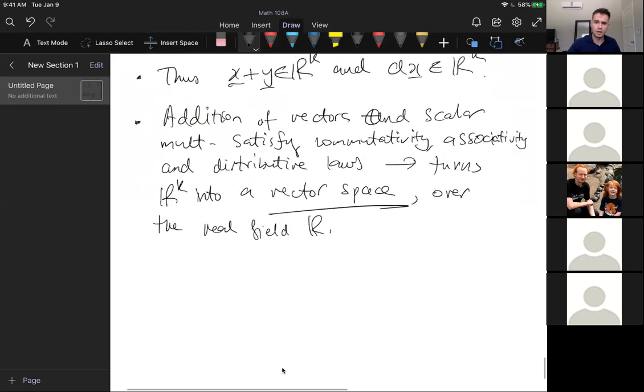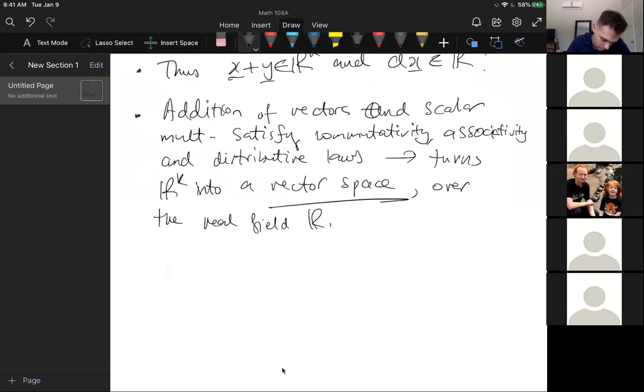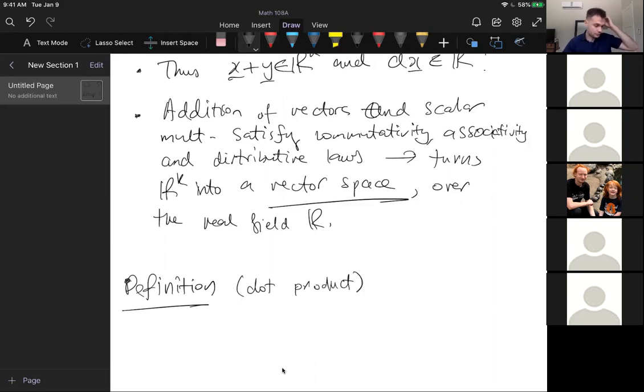One other very useful operation on this is the dot product. Okay, so definition: dot product. Take x and y.